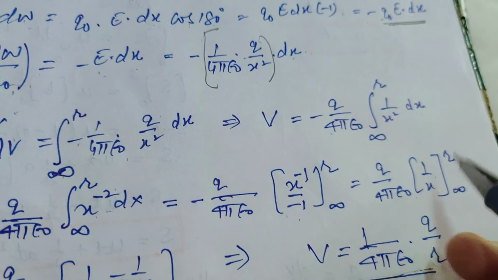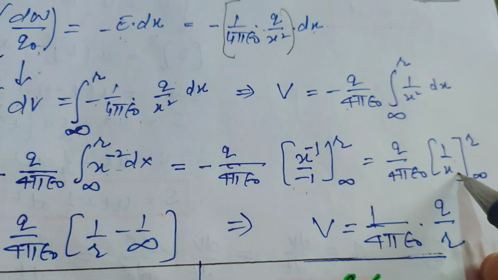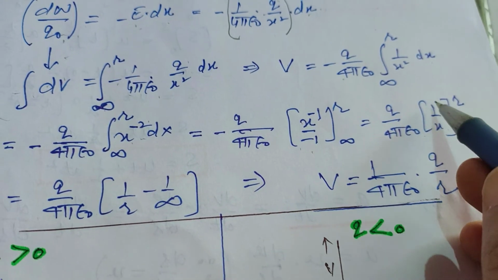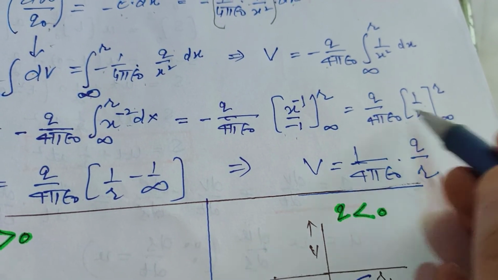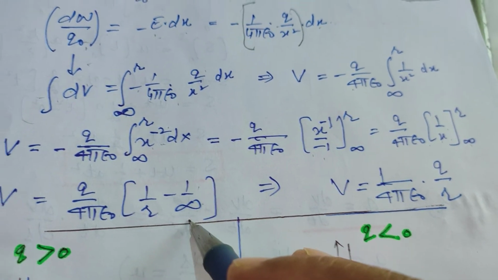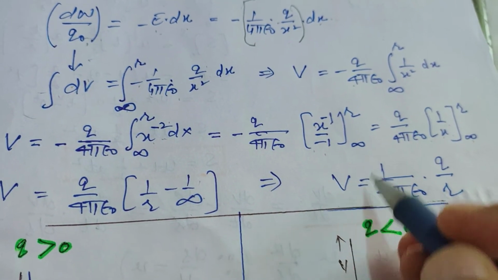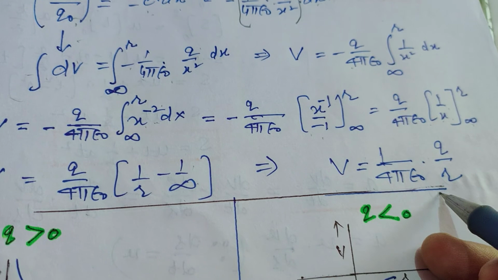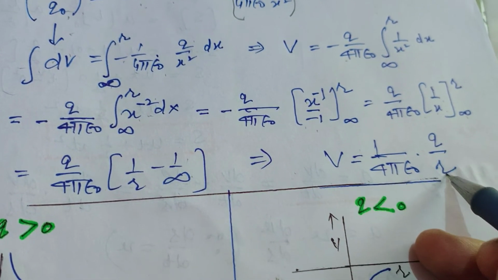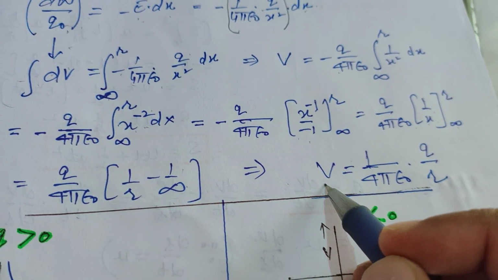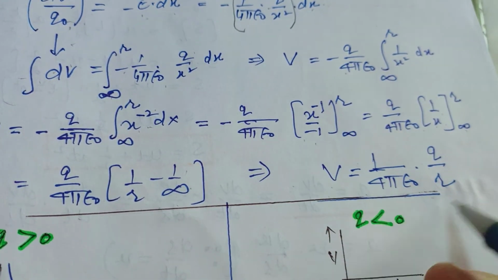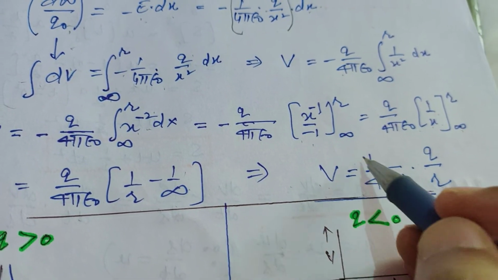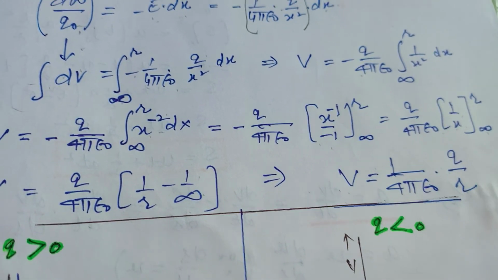Now see here, 1 by upper limit, that is r, minus 1 by lower limit, that is infinity. 1 by infinity is 0. So V is 1 by 4 pi epsilon naught q by r. This is the result: if you are given a point charge q, then due to that point charge, potential is 1 by 4 pi epsilon naught q by r.